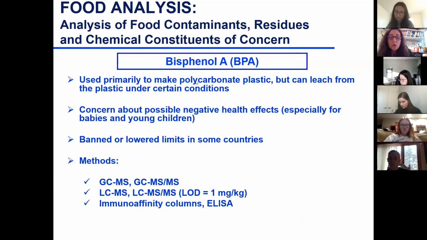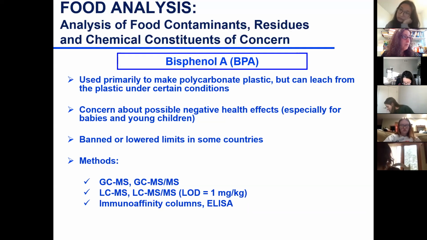Bisphenol A, we mentioned also last time briefly, it is present in plastic. It can be present in polycarbonate plastic specifically and can leach into your product or beverage. It does simulate hormones in the body, so it has negative health effects, especially on babies and children.